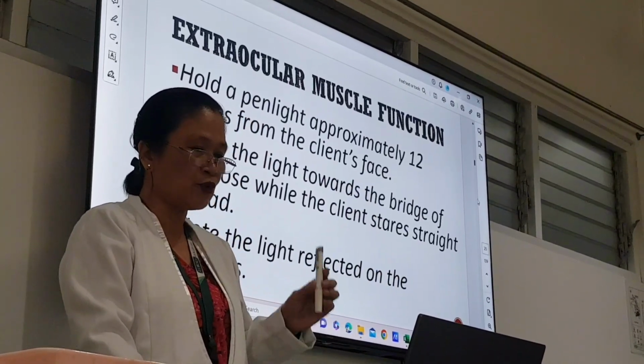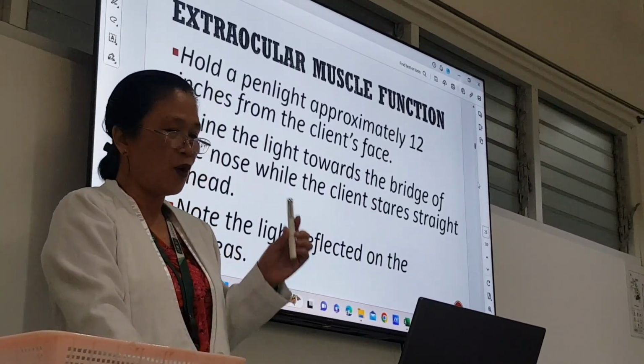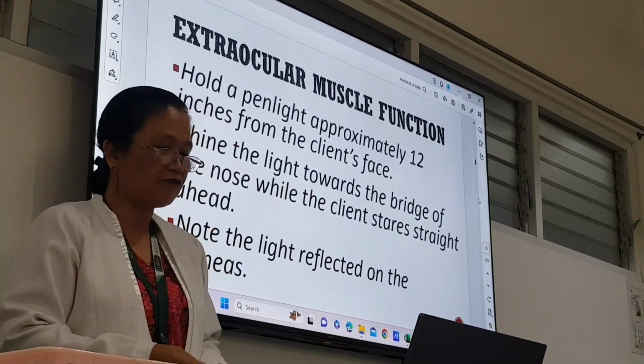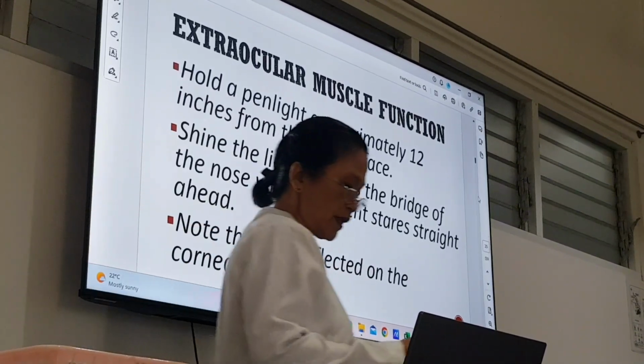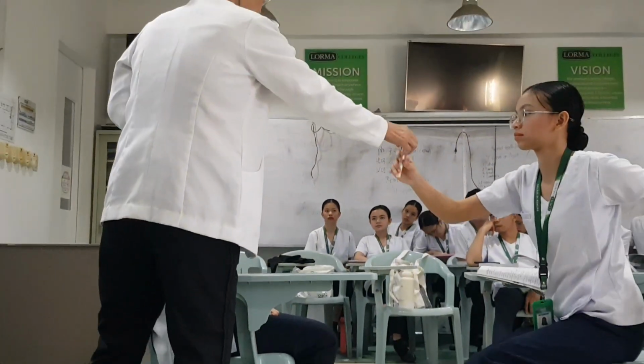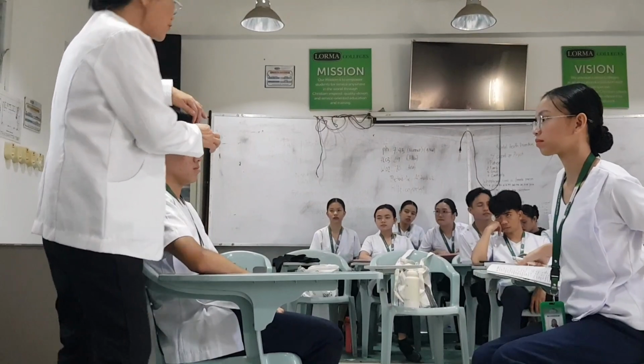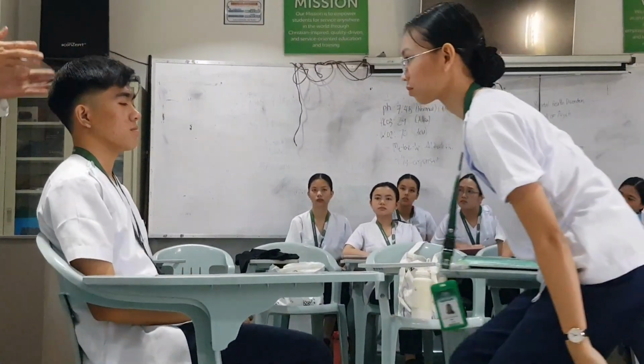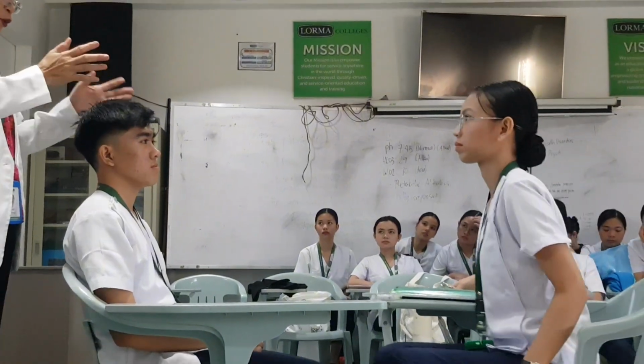Shine the light towards the bridge of the nose while the client stares straight ahead. Note the light reflected on the corneas. Okay, 1 foot away. So, you are going dito sa kanyang bridge of the nose. Now, you are going to observe kung saan mo ba nakita yung light sa kanyang cornea.